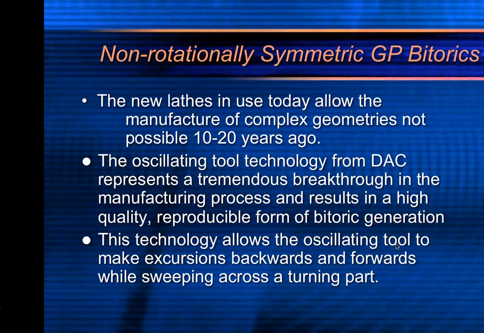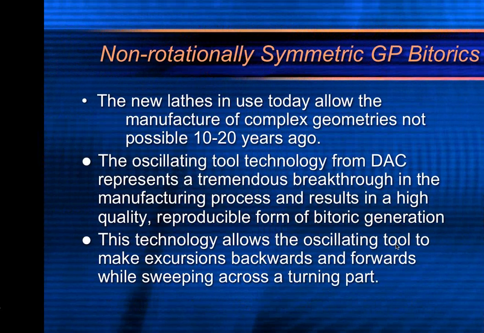And it's gone away because of the new computer numerically controlled lathes, the new technology today. They term this non-rotationally symmetric GP bitorics, which is a nice way of saying they can cut anything into these lenses today and do an outstanding job. So the ones in today allow the manufacturing of complex geometries not possible yesterday.